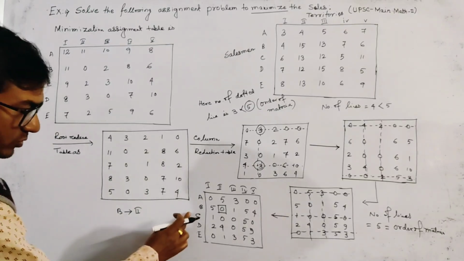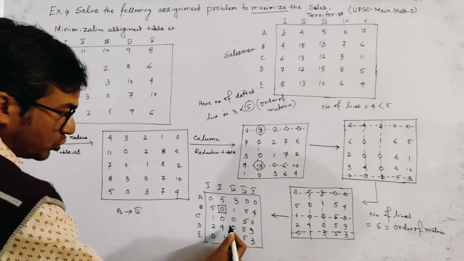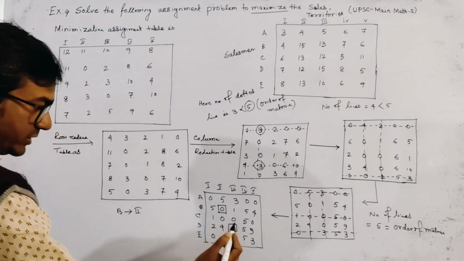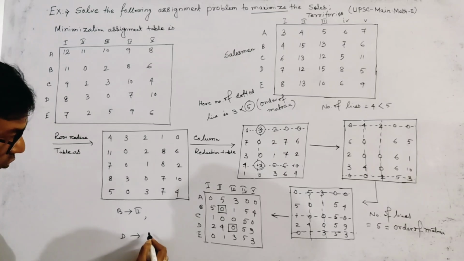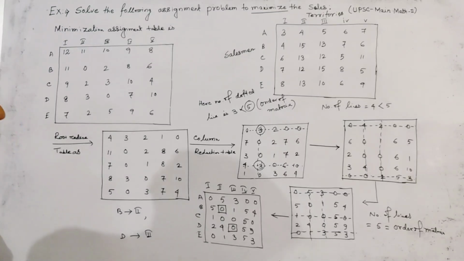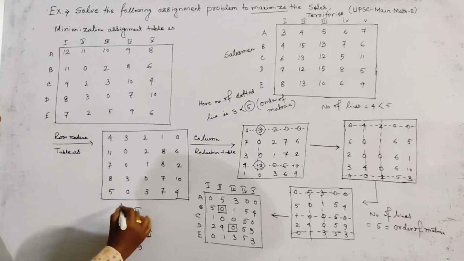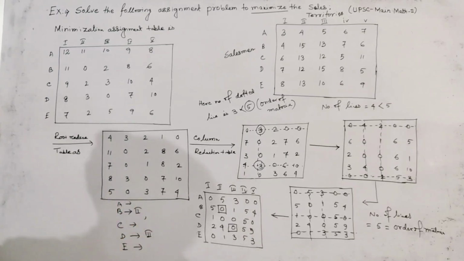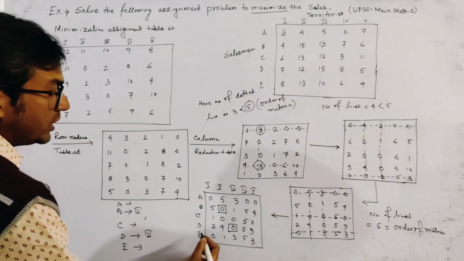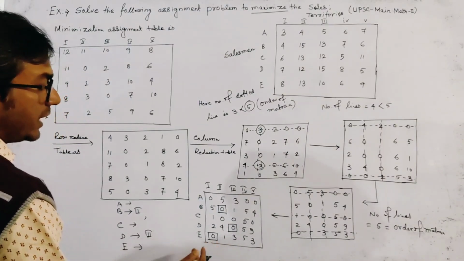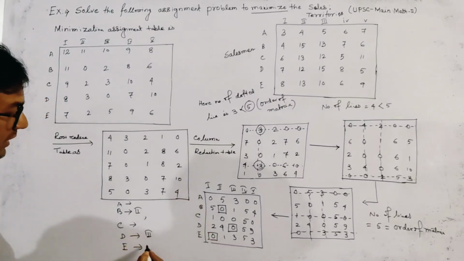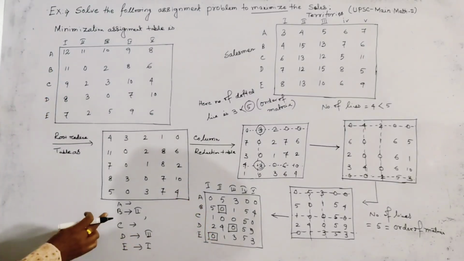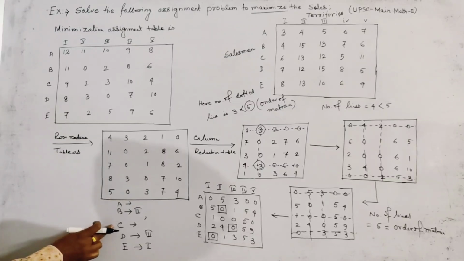Now in the fourth row there is only 1 zero, so we assign D to territory number 3. Here we write C, here we write E, and here we write A. Now we go to the last row, and clearly this also contains 1 zero, so we assign E to 1. Now we have to assign A and C.